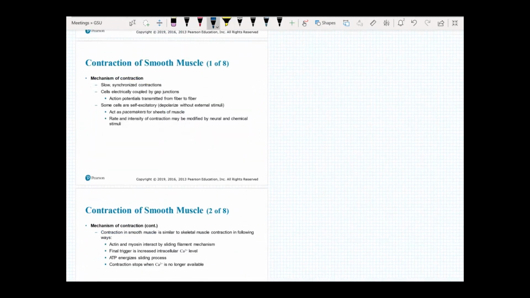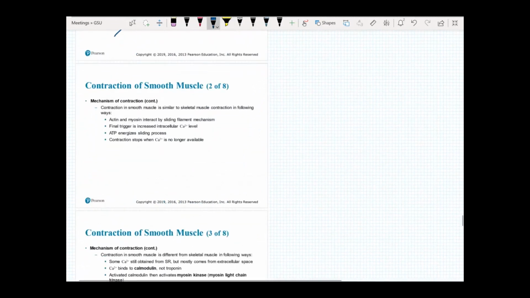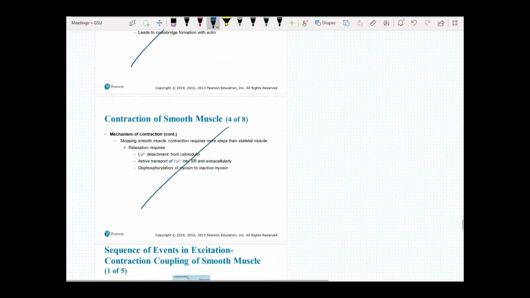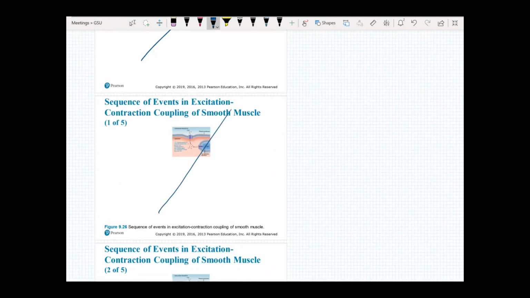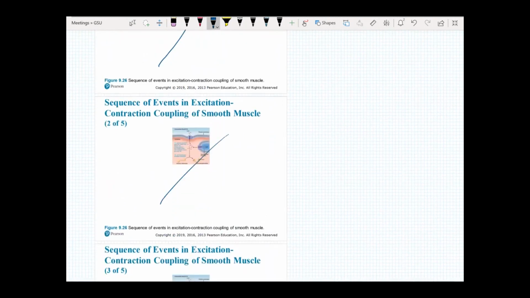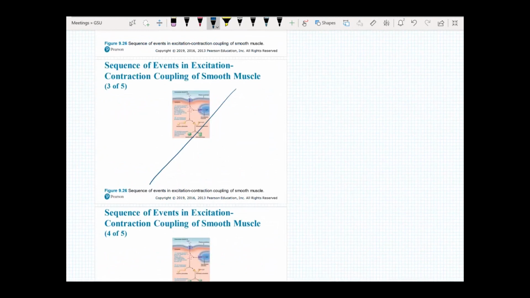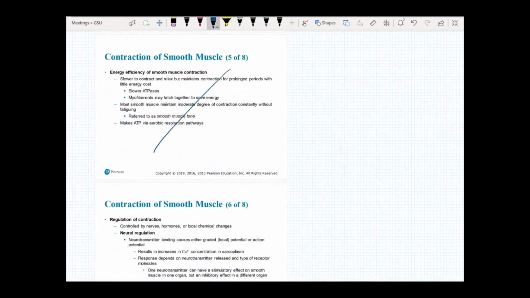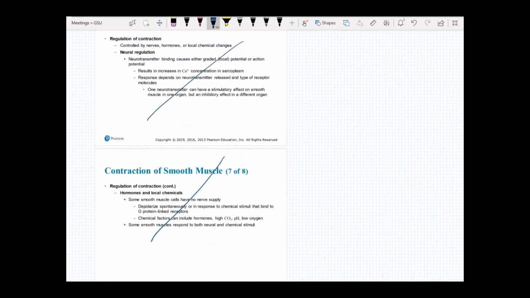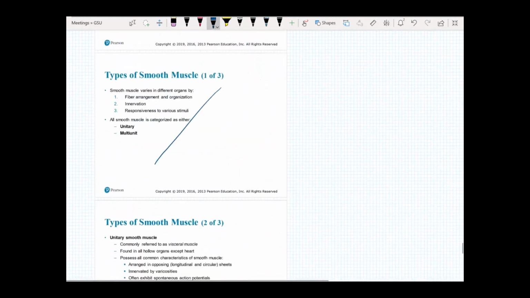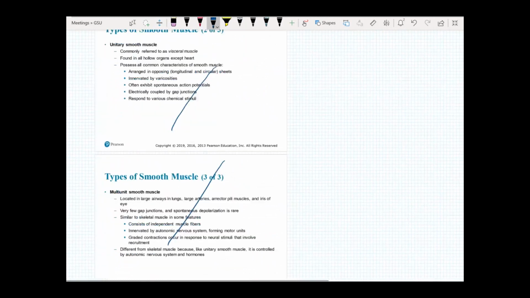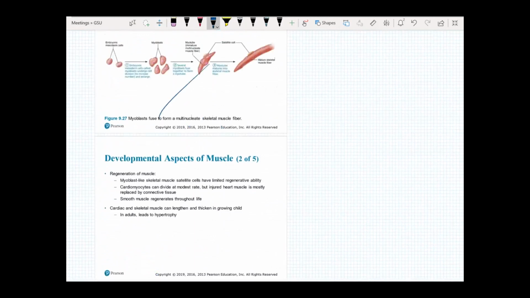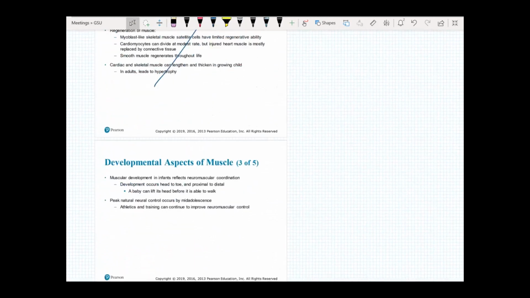And when it comes to the contraction of smooth muscle, I will not be focusing on how your skeletal muscle contracts. When you get to these areas in AMP2, talking about smooth muscle in relation to the specific system you're talking about, respiratory, digestive, urinary, any of those, this will come into play.